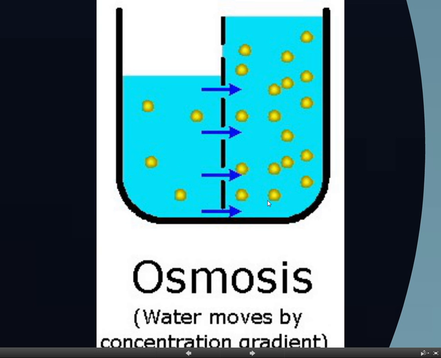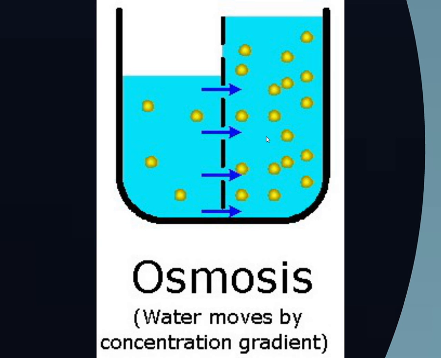In this case, we're going to pretend that these yellow molecules are just slightly too big to fit through these pores, which means that they can't traverse the membrane. Maybe they're too big, or maybe they're polar, so they can't squeeze directly through the membrane, through that phospholipid fatty layer.